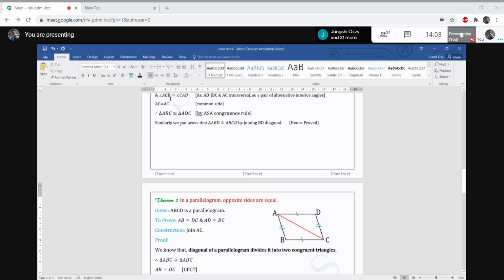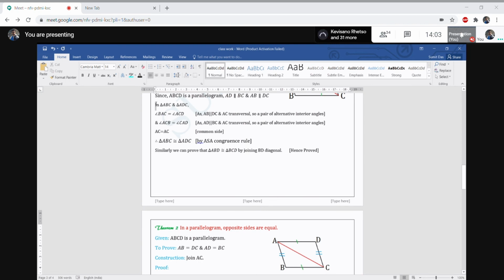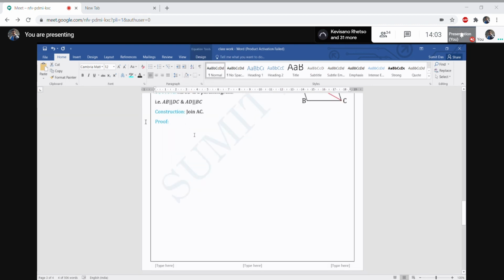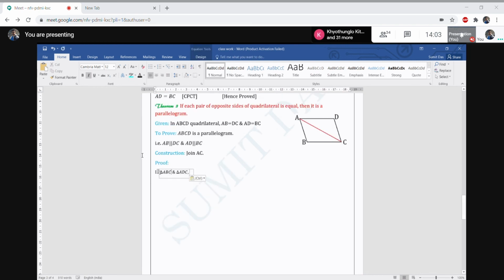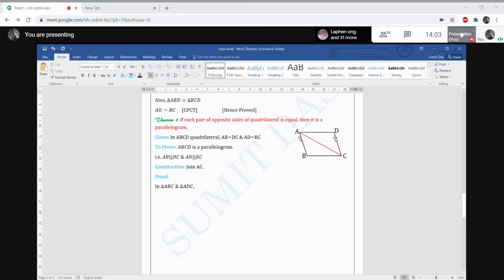So in the proof, in triangle ABC and triangle ADC, how many things are equal? Already given AB equal to DC, right?